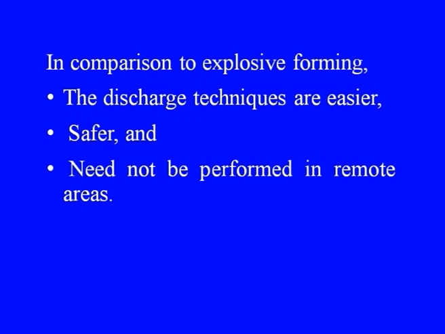In comparison to explosive forming, the discharge techniques are easier, safer and need not be performed in remote areas, because the explosion will generally be allowed to take place inside a medium, that is a liquid medium. Therefore, it will be generally safe to operate.